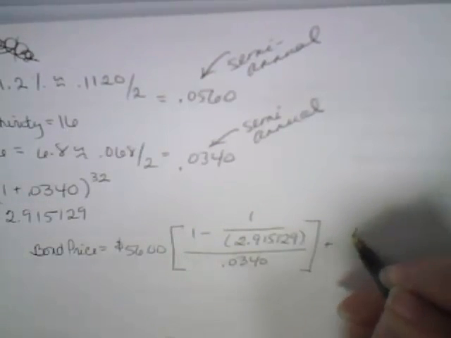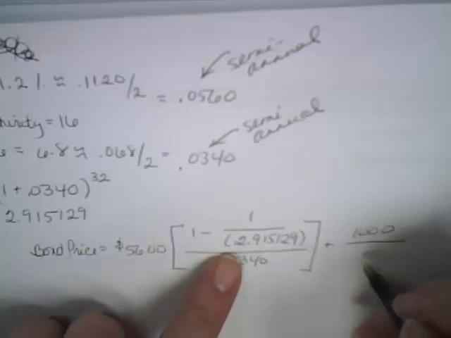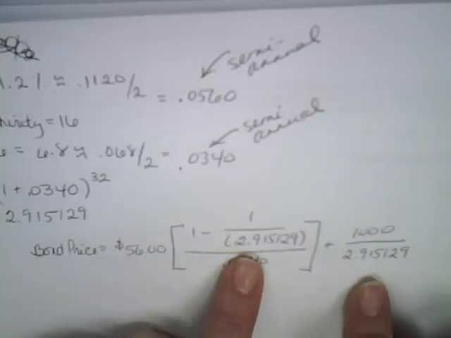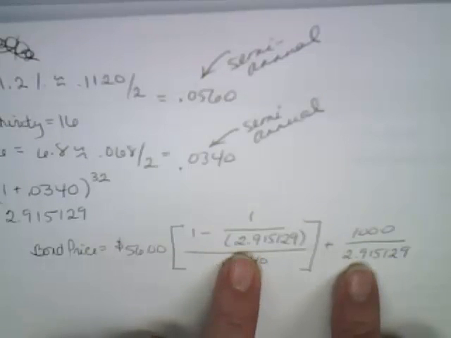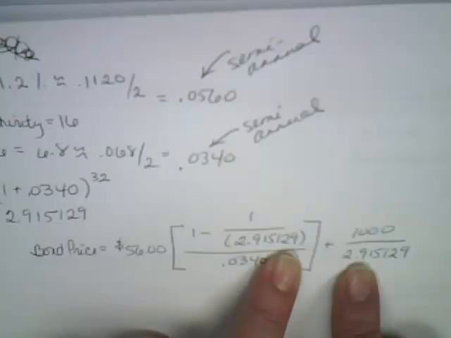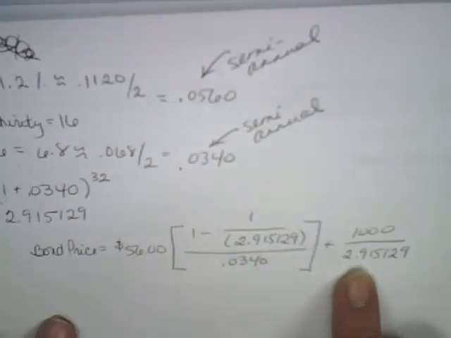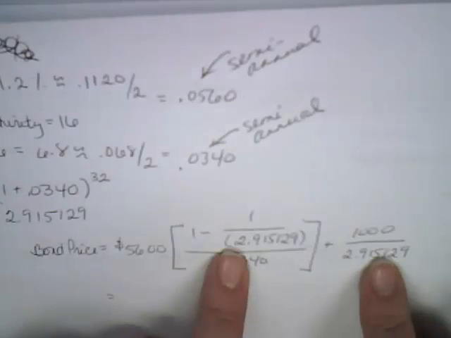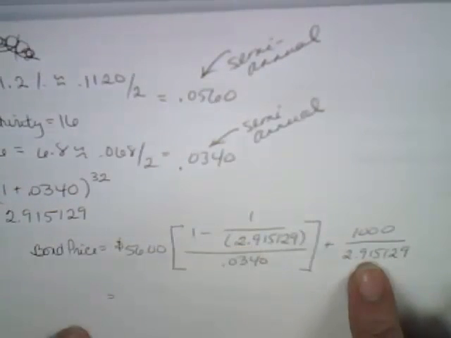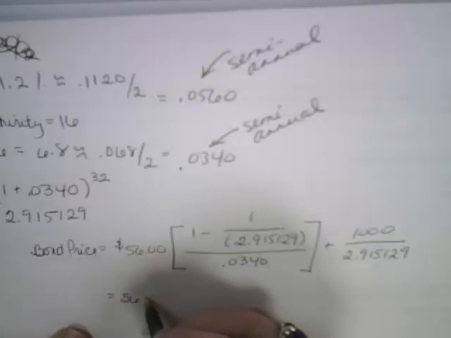Then we're going to take that 1,000 and divide it by 2.915129. Now if you're not clear on where we're getting these two numbers from, the 2.915129, you need to go back and look at problems 8 and 9, because we just took a little bit of a shortcut here, but it's basically the same convention.